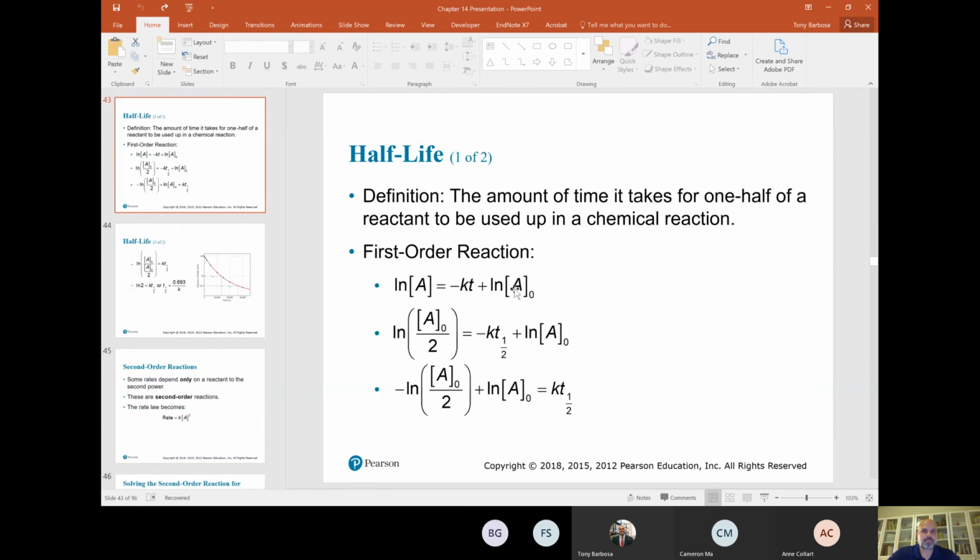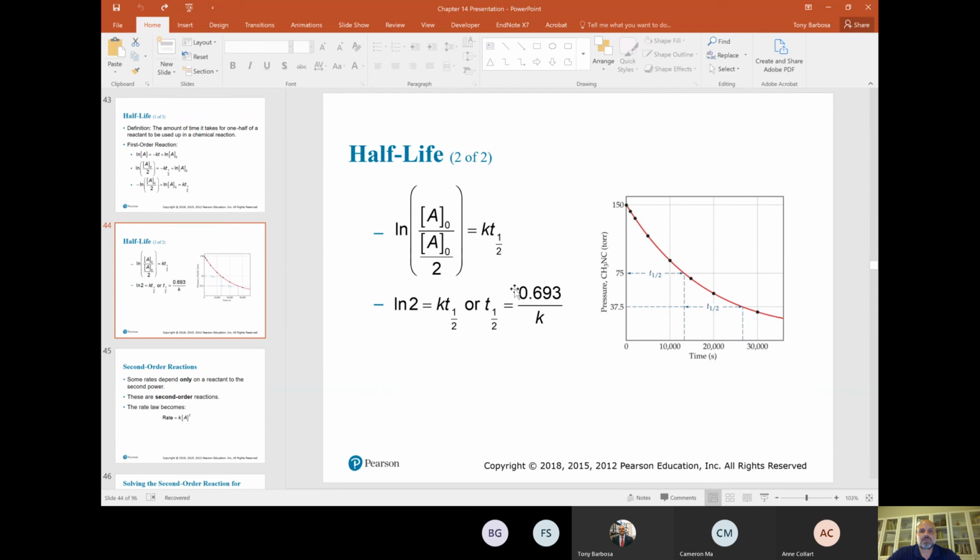So you're only going to be asked about half-lives by working through an equation. You're literally asked for the half-life of the reaction, or you're given a half-life and asked for a particular concentration. So you'd be working back and forth between these different equations. For first order, you're given a half-life, so you'd have the T half, or you're given a k, and you just calculate back and forth.